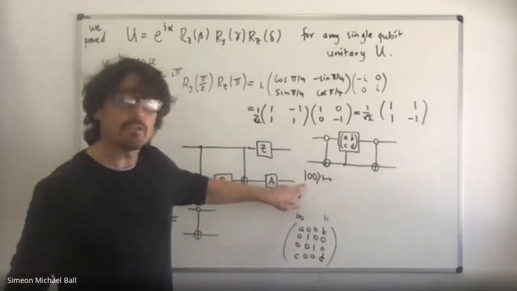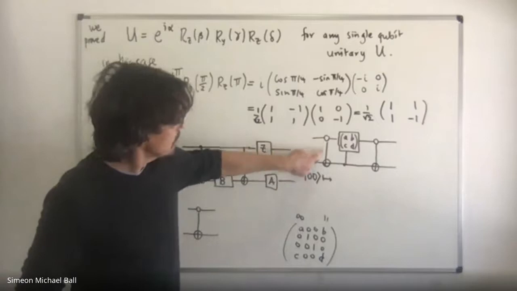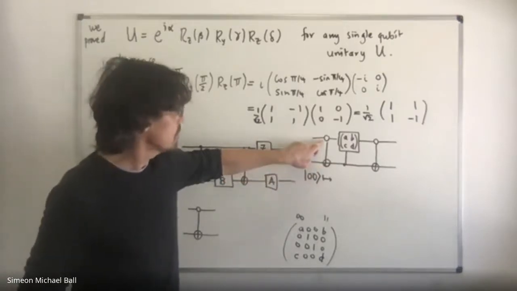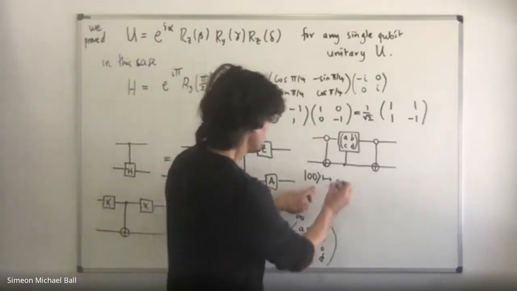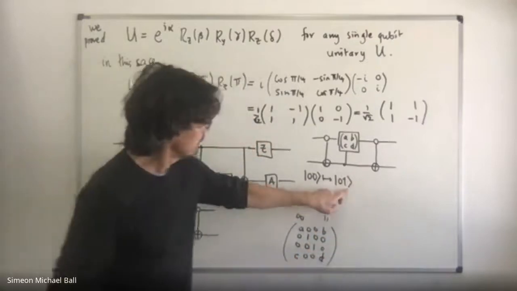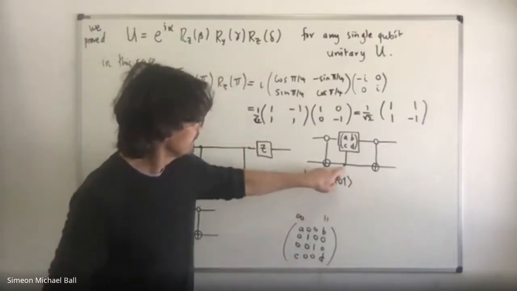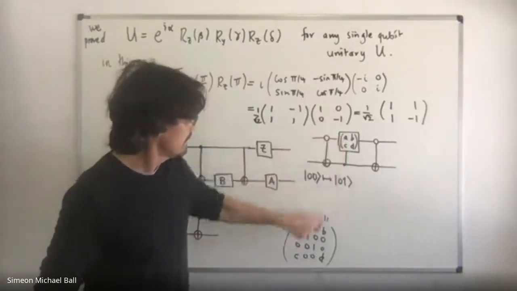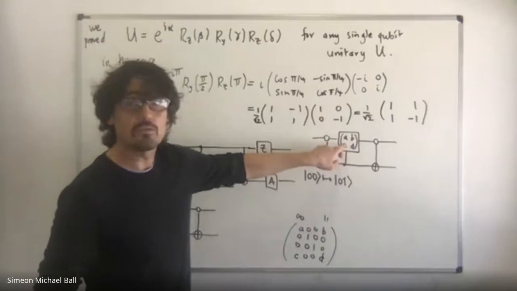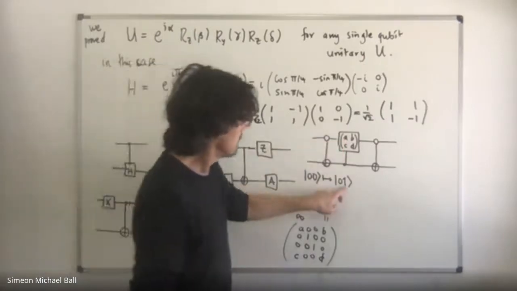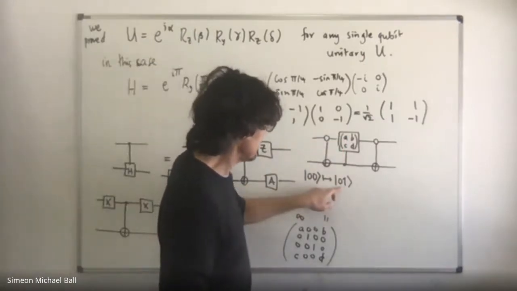So we start with 0, 0, and we hit a controlled C naught, but controlled by the 0 and not the 1. So it's controlled if it's not set. Well, this isn't set, so this is now going to go to 0, 1 on the first gate here. Now it hits this, and this is controlled by a 1, and it says apply this single qubit unitary operator to the first qubit if it's set, and it is set.